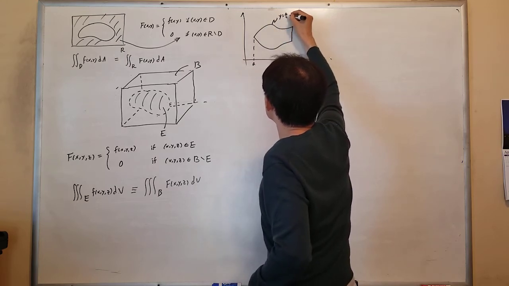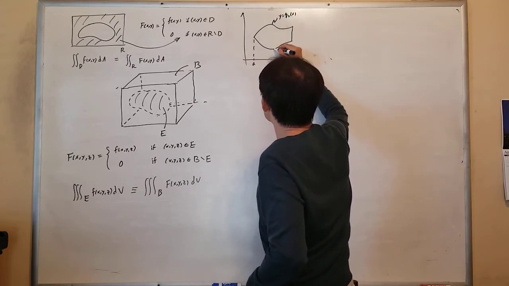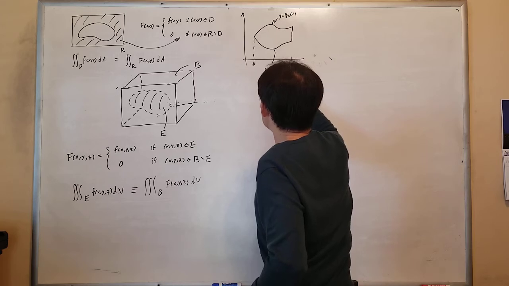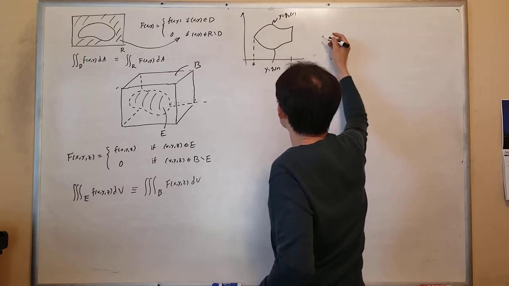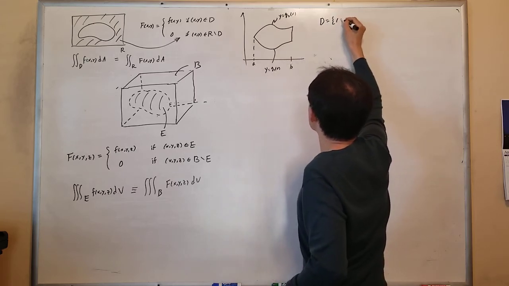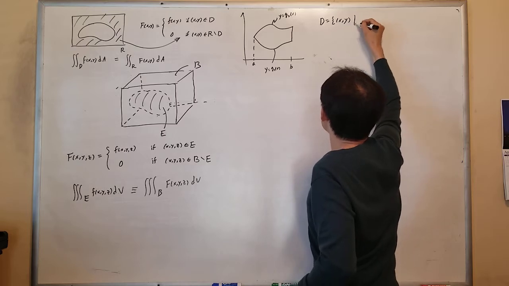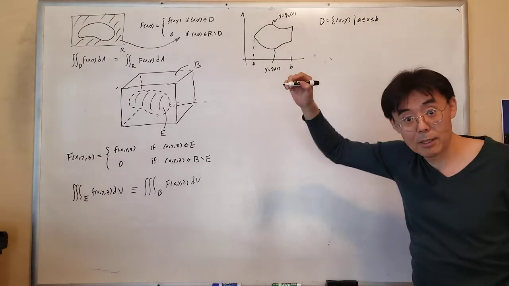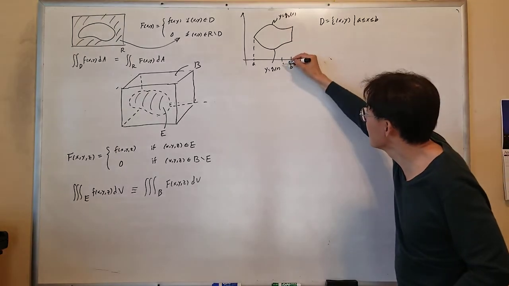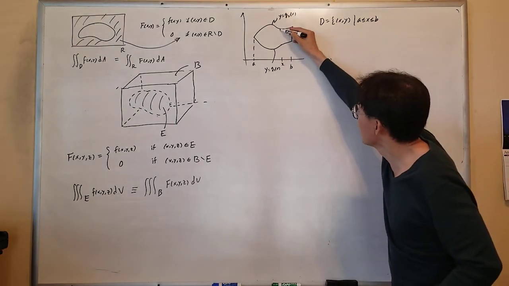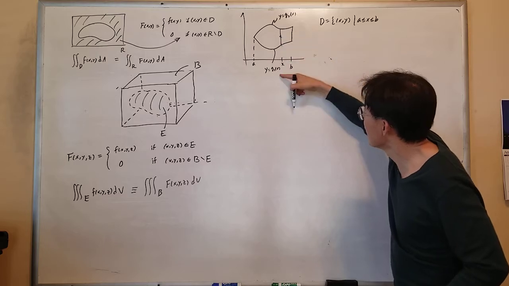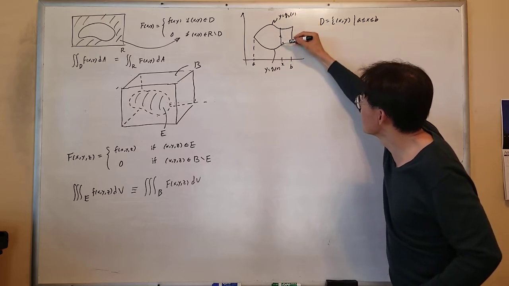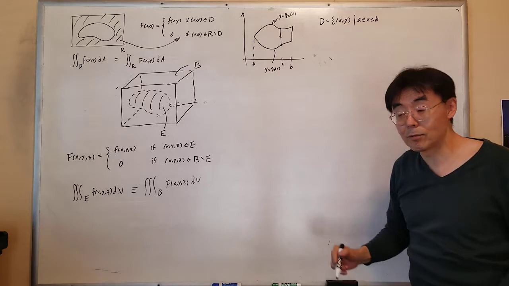Y equals g2 of x, y equals g1 of x. So your domain is written as x runs from a to b, and for given x, y runs from g1 of x to g2 of x, right?